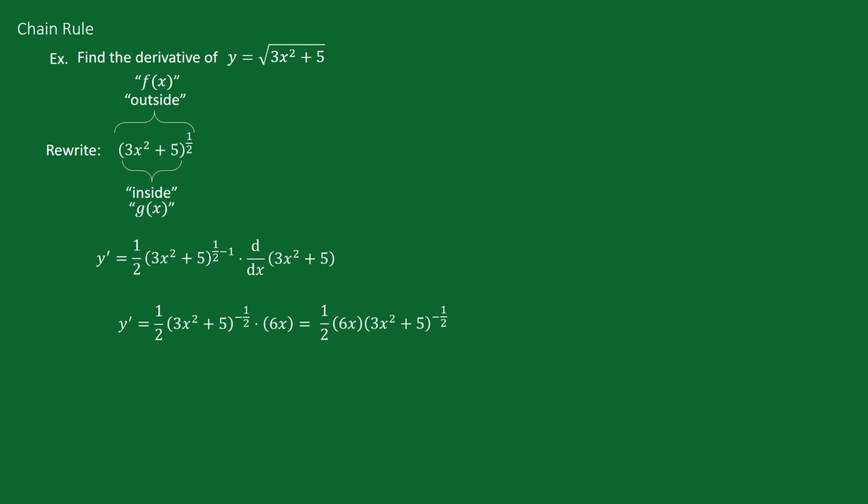And then 6x times 1/2 is going to give me 3x, and then that's going to be over the square root of 3x squared plus 5. Since if something is to a negative power, then that's going to flip it to the bottom, and the 1/2, like we said before, is the same thing as the square root. So our final answer is 3x over the square root of 3x squared plus 5.